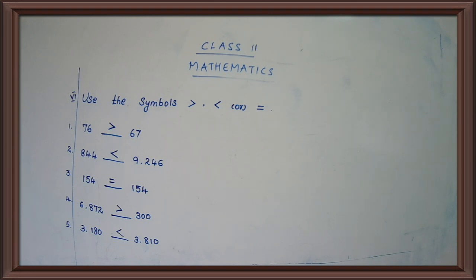Which one is the greatest number? 76 is the greatest number, so we have to use the greater than symbol. 76 is greater than 67. Then leave one finger space and write the second one.